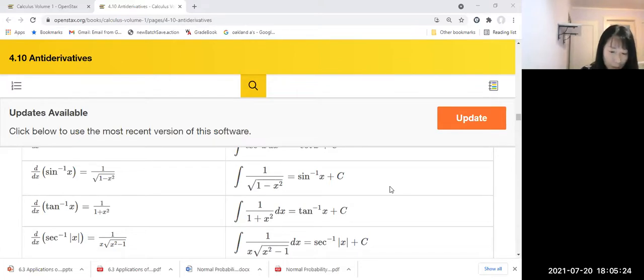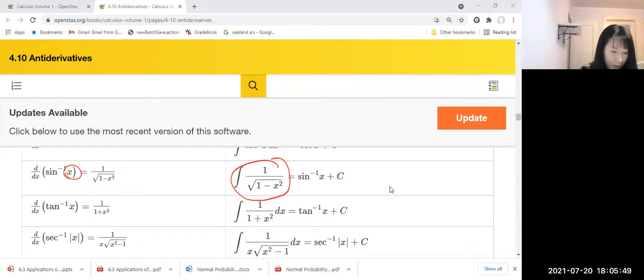Okay, this is the form if we have only x itself, right? If there is a u, then we have to include u prime, right? Now, the antiderivative of 1 over square root of 1 minus x squared is inverse sine x.